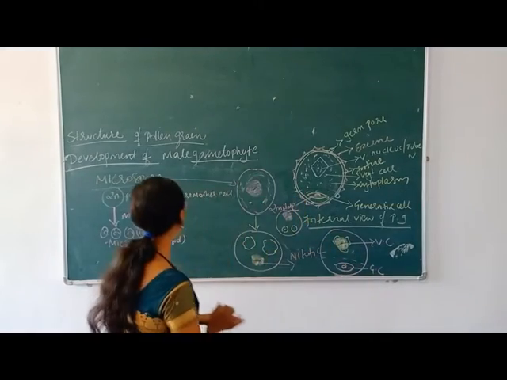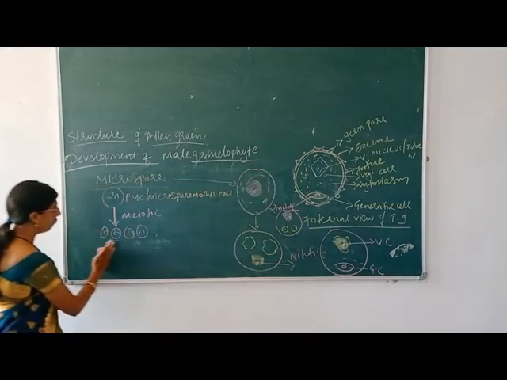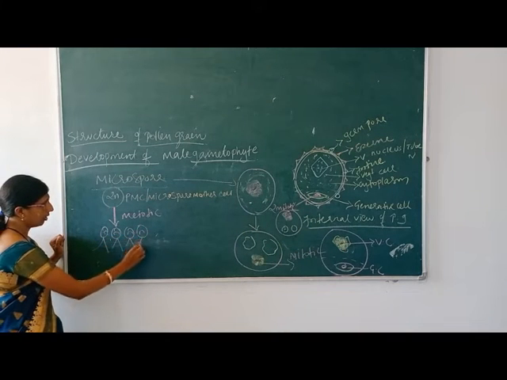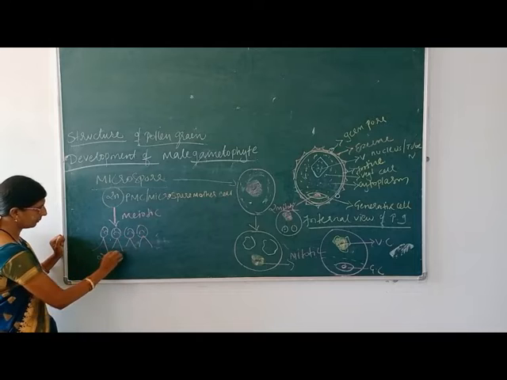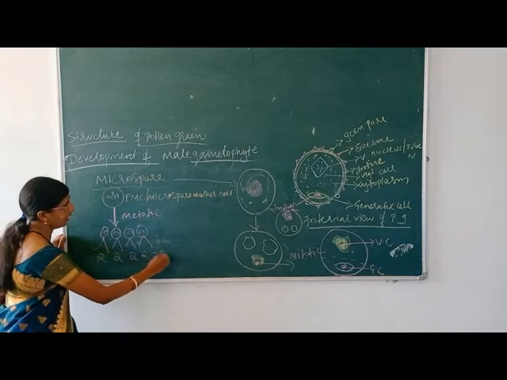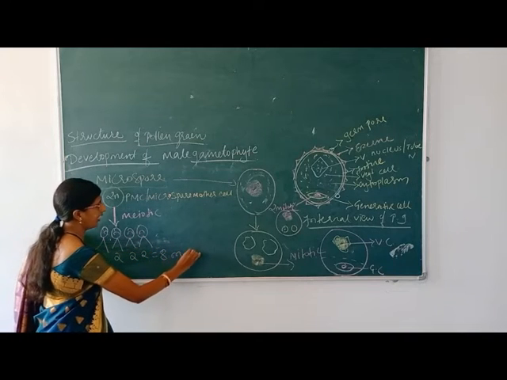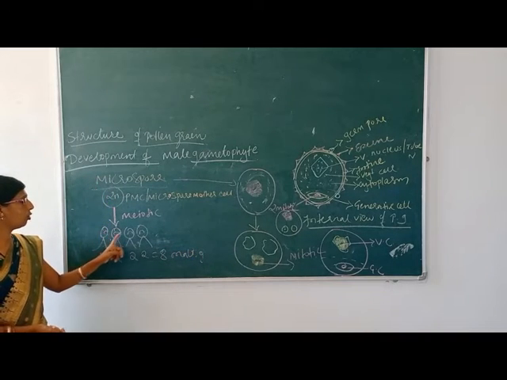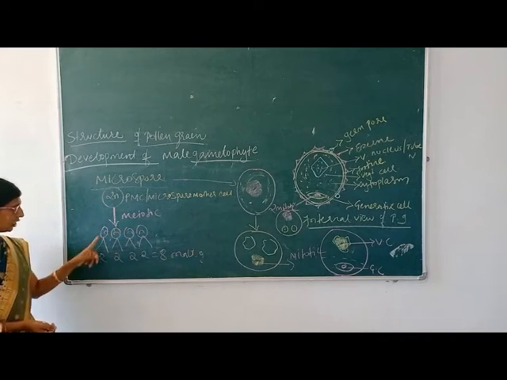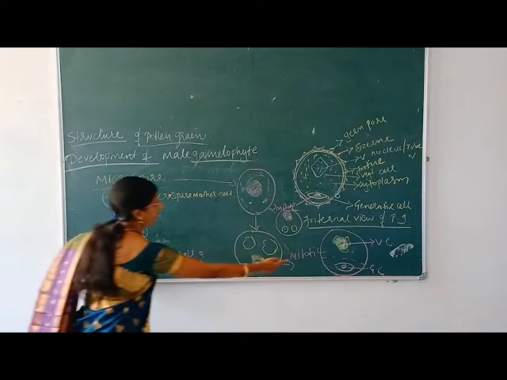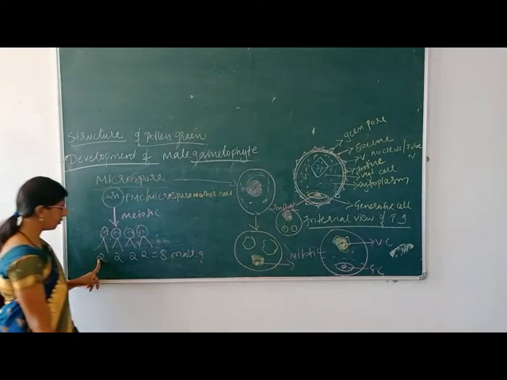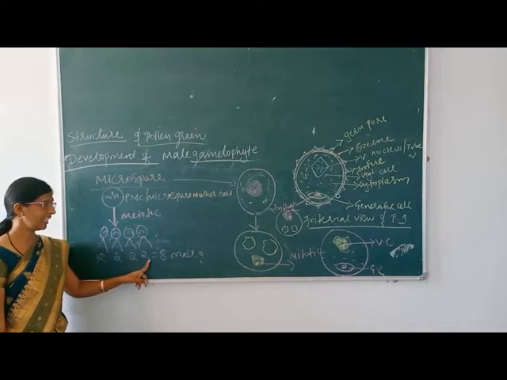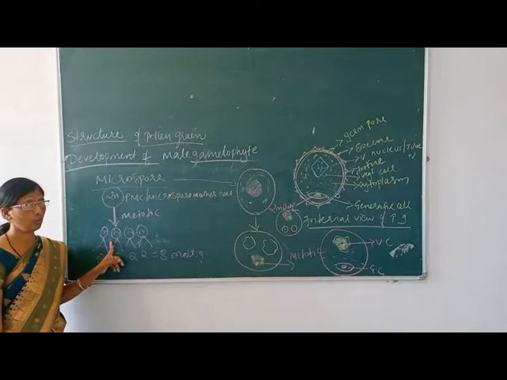For example, if there are 4 microspores, then there is a formation of how many? Very good. That is 8 male gametes. Each microspore undergoes 1 and 2 mitotic divisions to form the 2 male gametes. So there is the formation of 8 gametes from the 4 microspores.